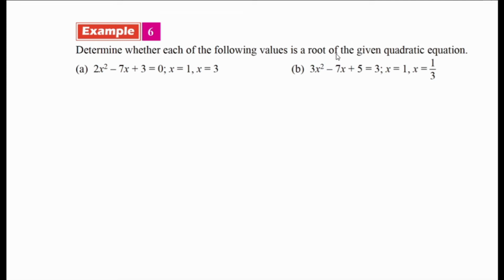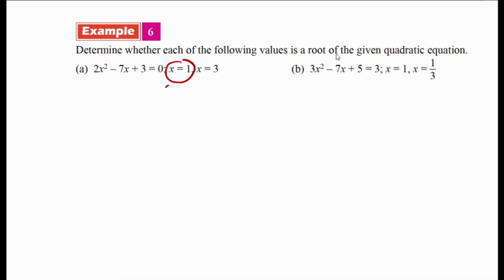Well, if you want to check if a certain value of x is a root of the quadratic equation, you can simply substitute the value of x into the equation. For example, 2x squared minus 7x plus 3 equal to 0. First we need to check whether x equal to 1 is a root.